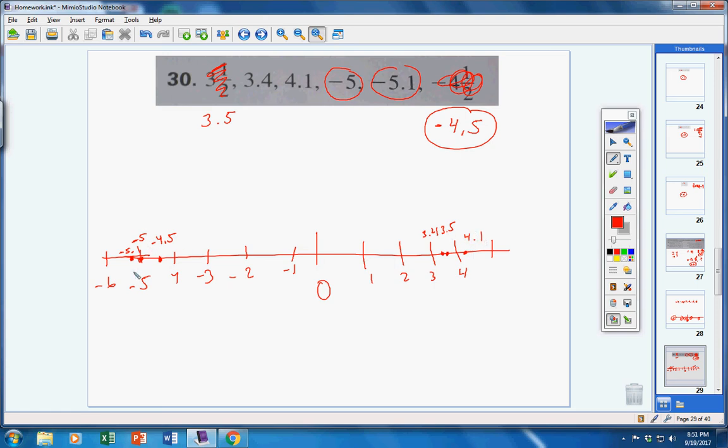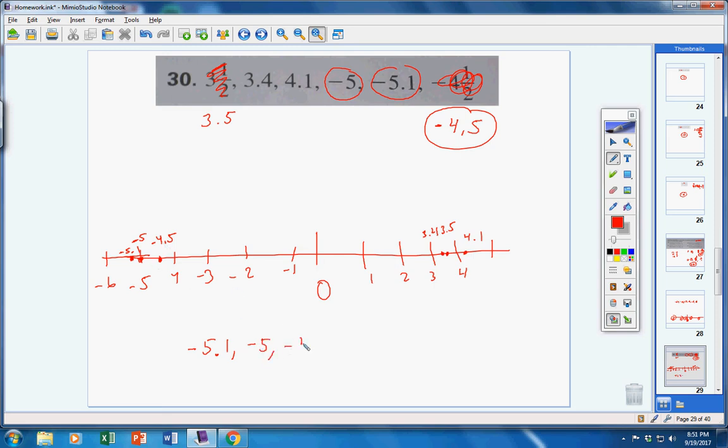So here we go. My number furthest to the left is negative 5. My next number is, oh, I'm sorry. This number here is 5.1. So negative 5.1 is furthest to the left. Next is negative 5.